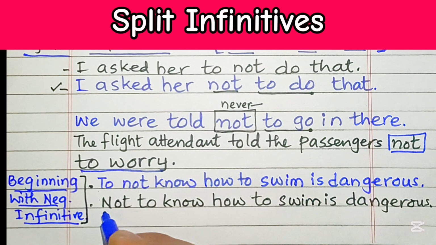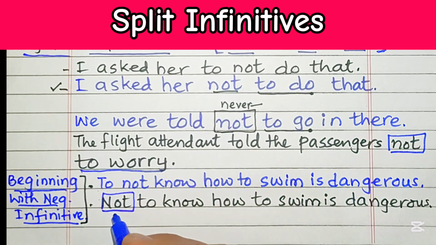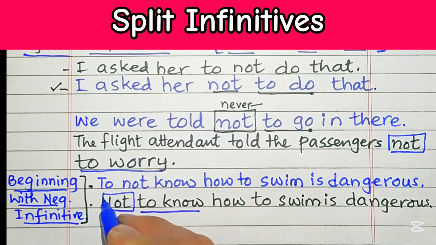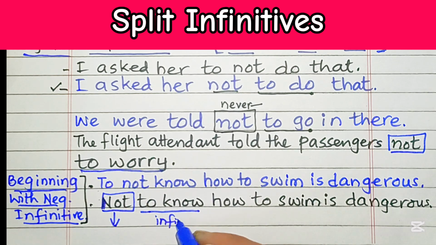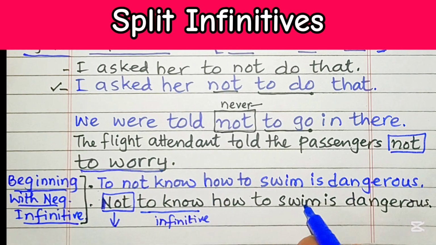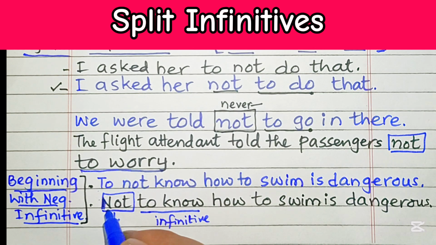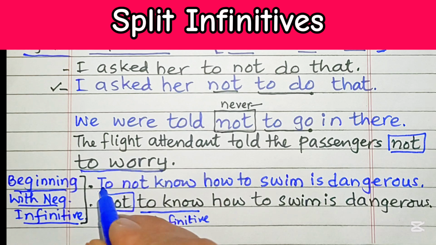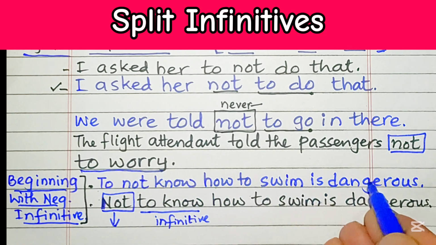Here, not to know: this word not is over here in the beginning of the sentence, and then to know. So this is the infinitive over here. Not to know how to swim is dangerous. We can quite easily put not in the beginning of a sentence to fix the problem of to not know how to swim is dangerous.